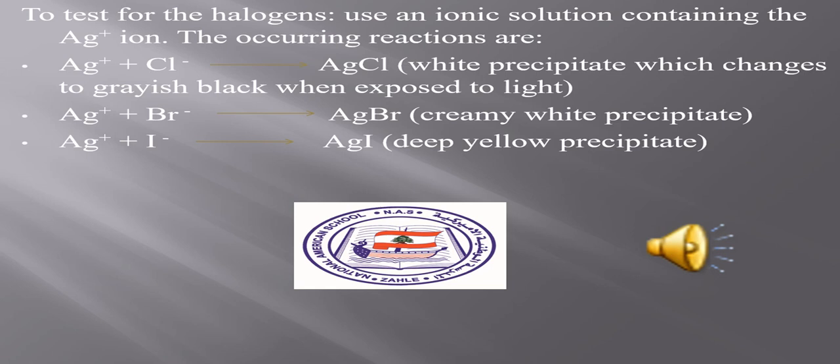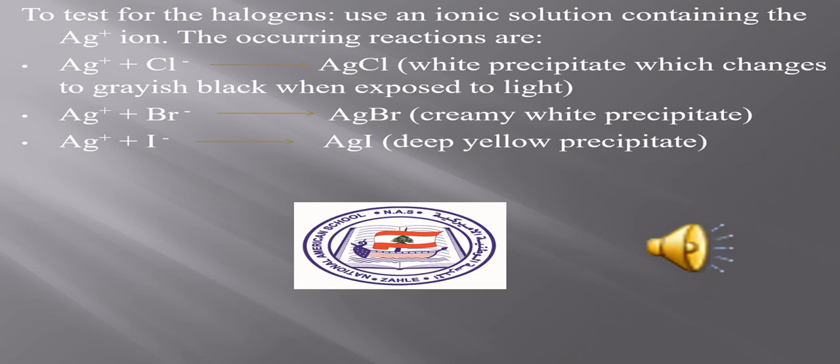The halogens are the Cl, the chlorine, Br, bromine, and of course the iodine, which is I. To test for the presence of one of these three halogens in the organic compound, we need first off to mineralize a sample of this organic compound, and then we have to use an ionic solution that contains the ion Ag+, the silver ion.